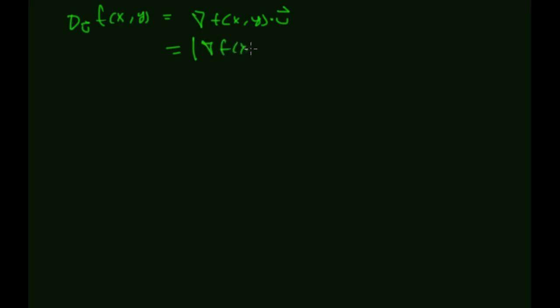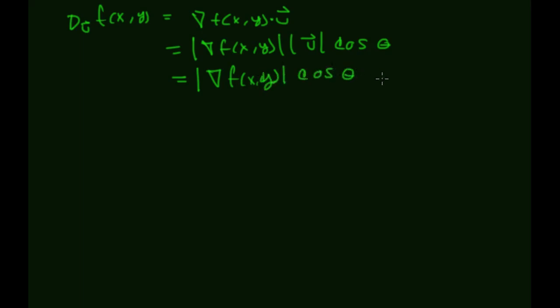So that's going to be the gradient magnitude times the magnitude of u times the cosine of theta, which is the angle between the gradient and the directional vector. Now, the nice thing about u is that it is a unit vector, so that magnitude is going to be 1, which means that that goes away.